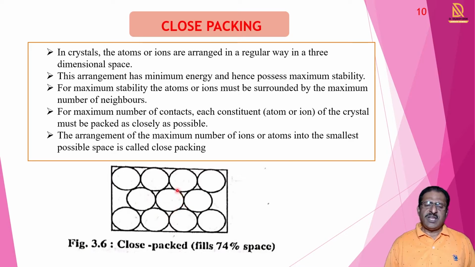Again in the third line, fourth line, fifth line, the same pattern is maintained, and all the ions can be maximally filled with each other. So in close packing, 74% of the space is occupied, and in between the ions there is some space that is called void or holes.